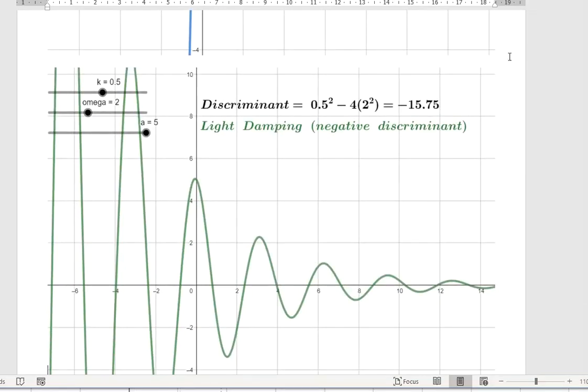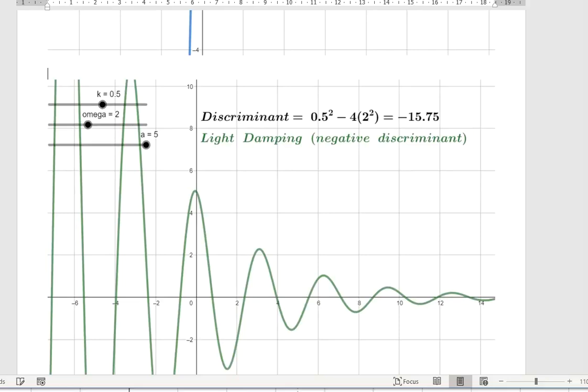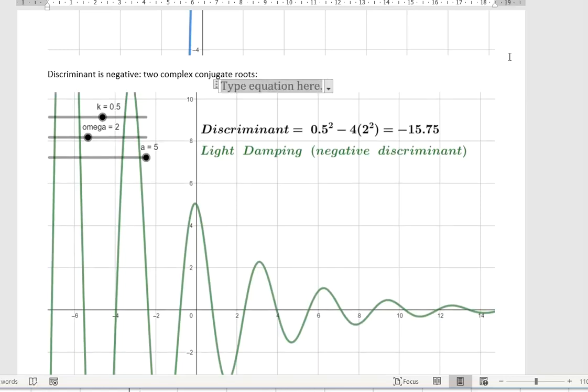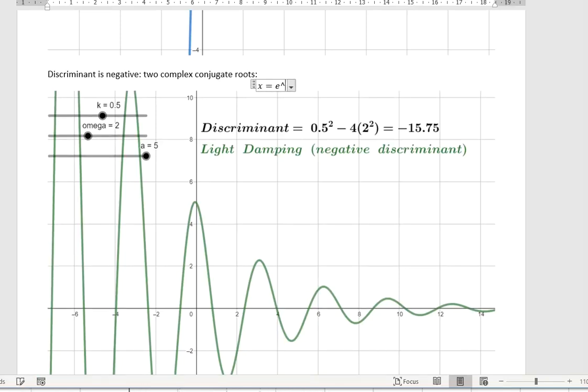The more natural one that you're likely to have seen or come across or thought about is the light damping situation. If the discriminant is negative, we get two complex conjugate roots, sometimes called two non-real complex roots, to emphasize the fact that they must have an imaginary component. And that means that x is going to be modeled by something like e to the pt (a cos qt plus b sine qt).